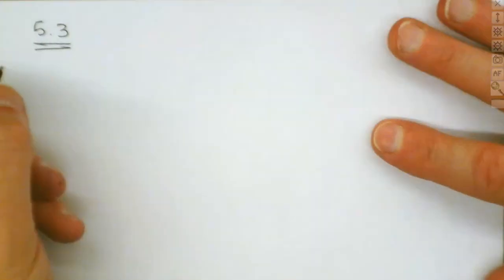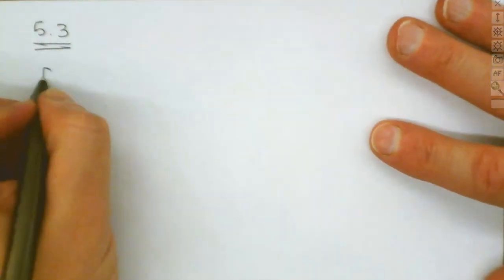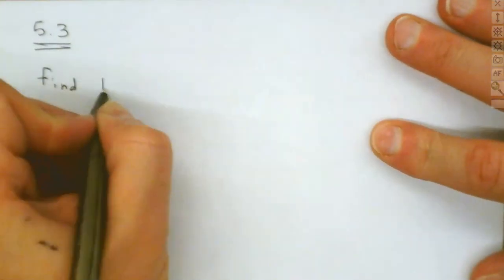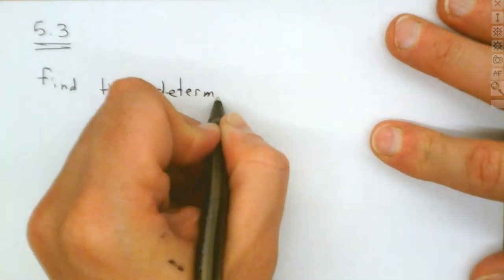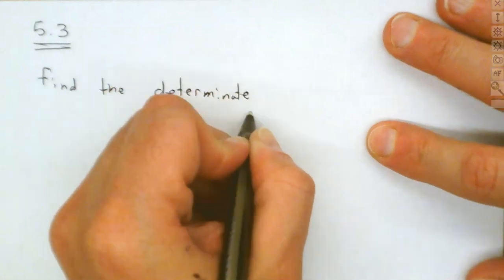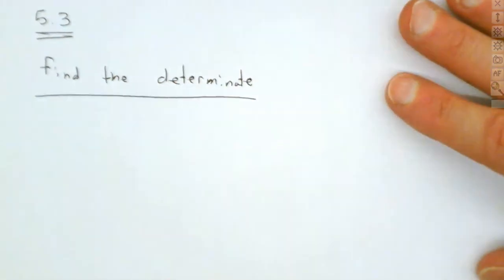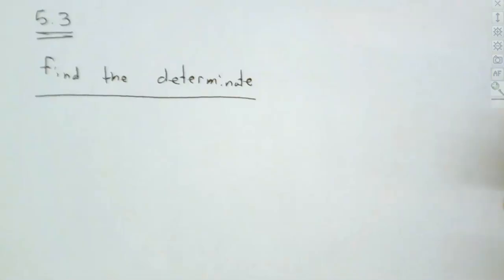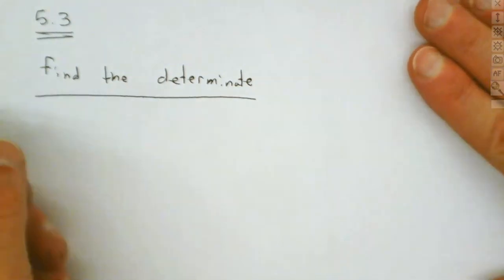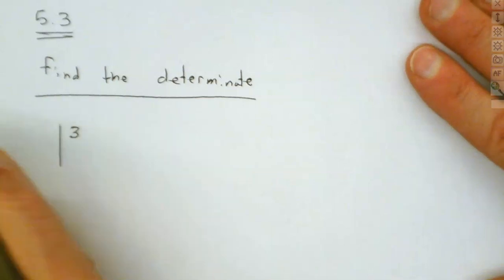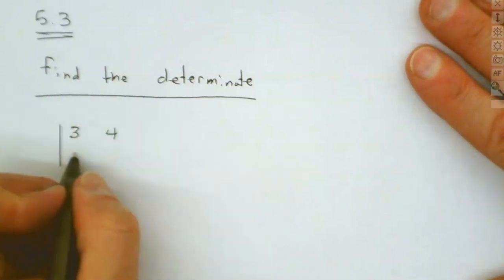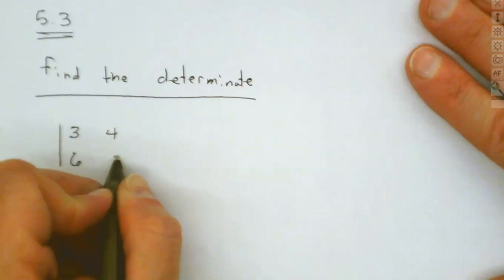So I'm going to make up some, and we're going to find the determinant. We're going to start off with a very easy one. About 3, 4, 6, and 2.